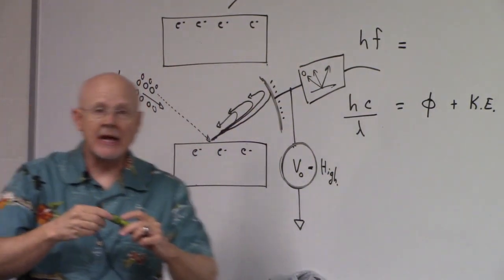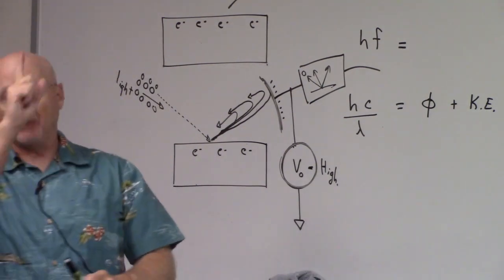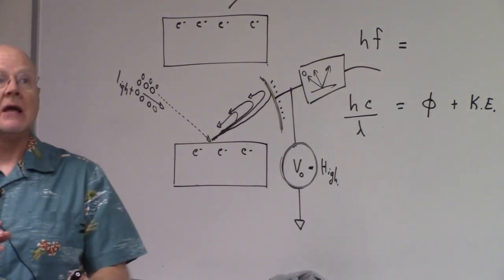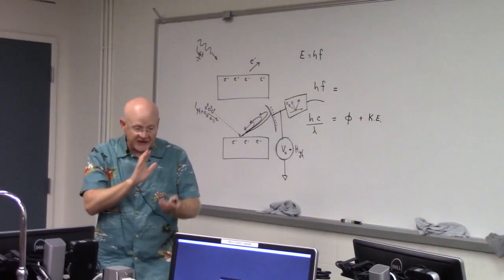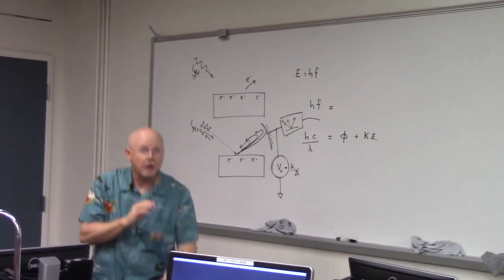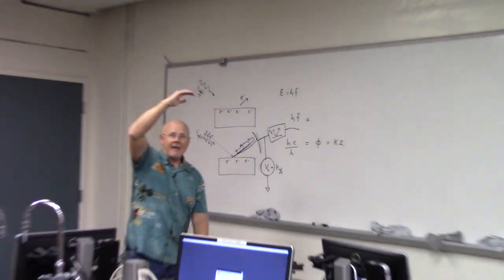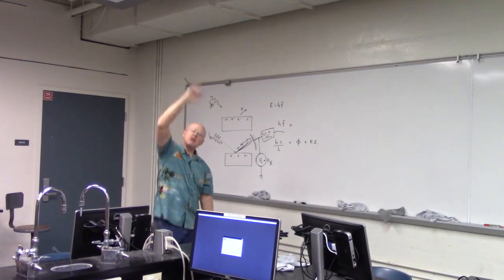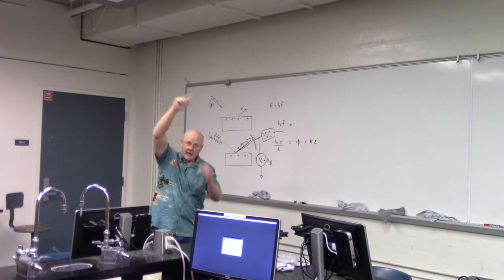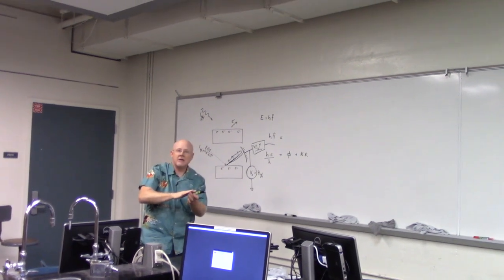Back to my silly analogy of throwing this marker up at the ceiling. If it doesn't have enough kinetic energy here, it doesn't make it. It only gets to here. And right here, that potential energy that this marker has is equal to the kinetic energy it has down here.